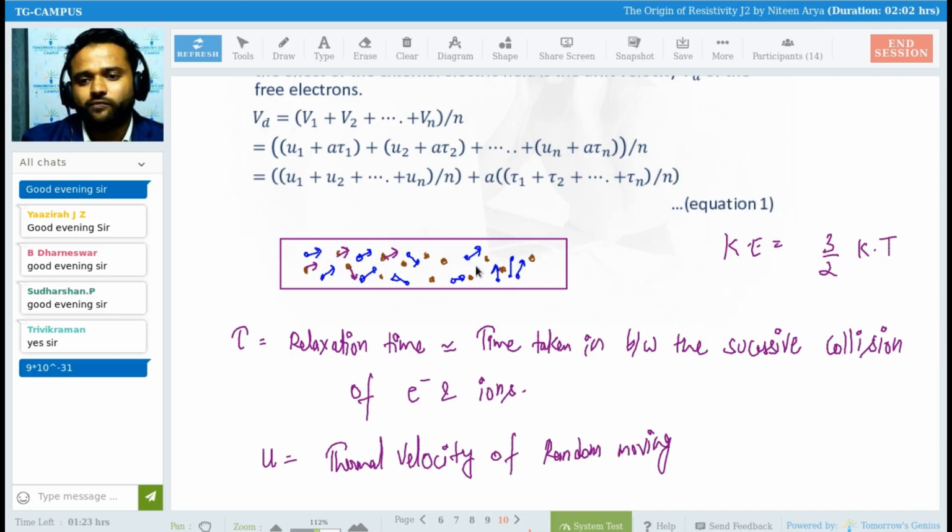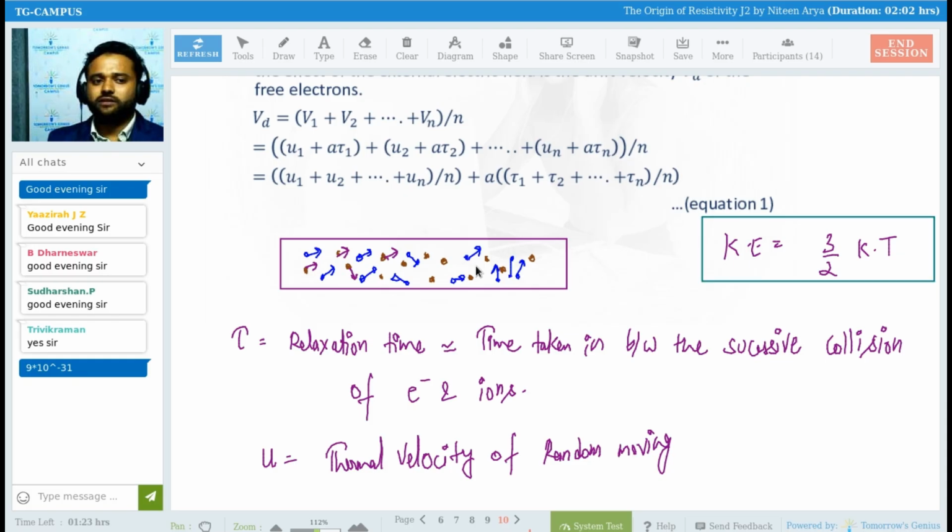Thermal means the moment there is even 1 Kelvin. Okay. So due to this 1 Kelvin temperature, the electrons, the charged particles, start moving, and obviously when any object is in a moving state, it attains kinetic energy.